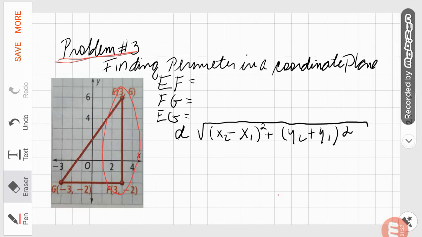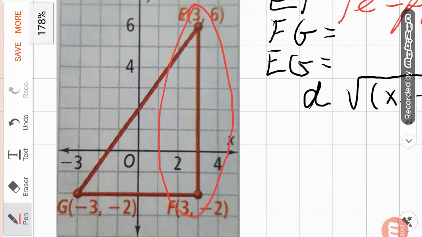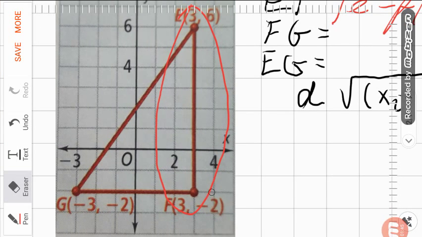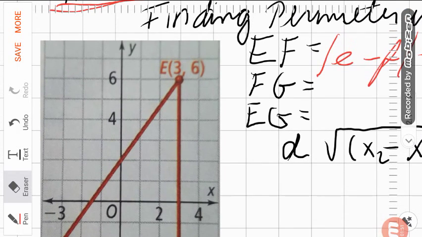How do we do that? If you remember, we have already studied how to find the distance of a segment with the formula that is the absolute value of the coordinate of E minus the coordinate of F. Okay? We have to think of this as a number line.